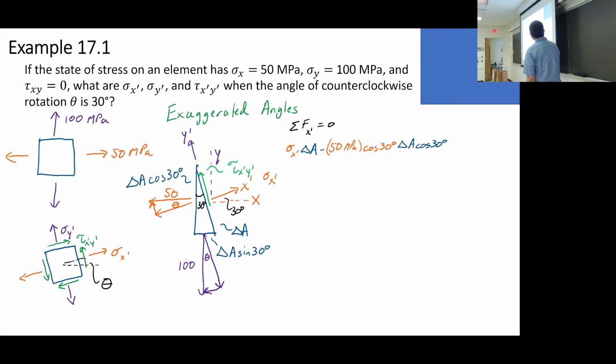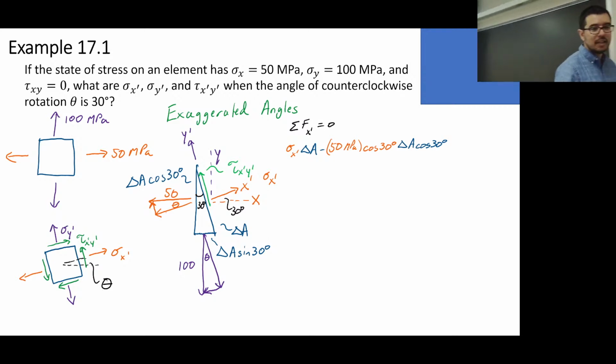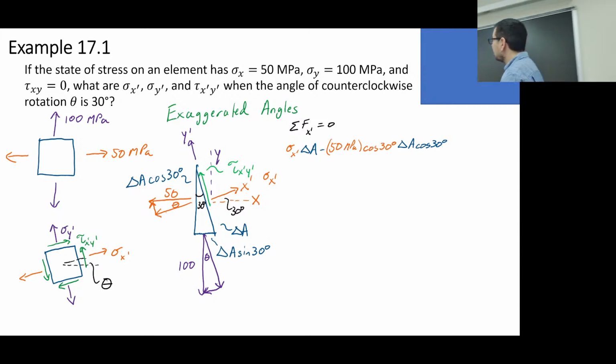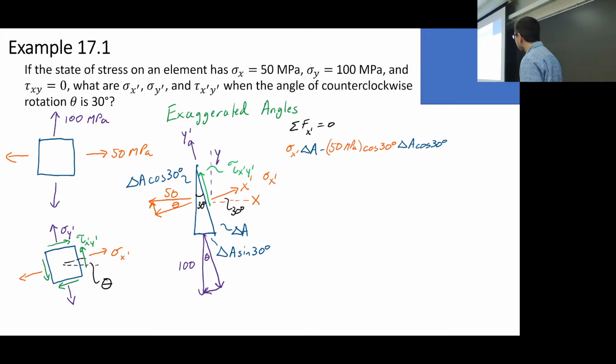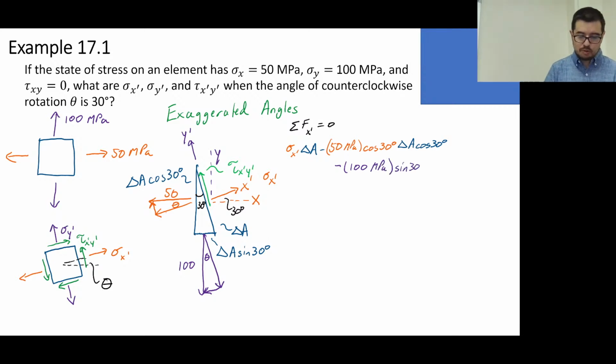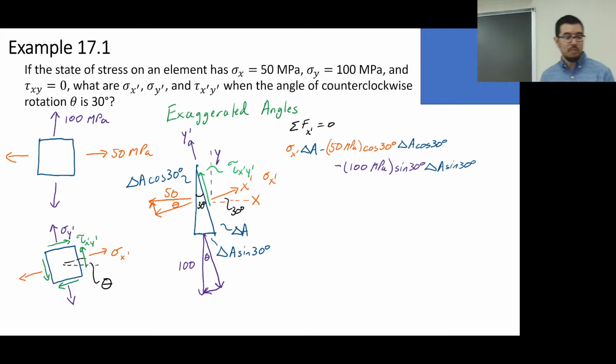So now what is the next expression? Someone want to take a shot? Yes, Andrew. So minus 100 sine 30 times delta A, yes. Okay, and that's it.